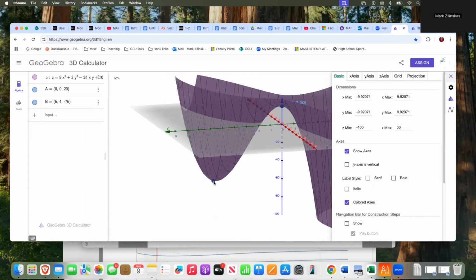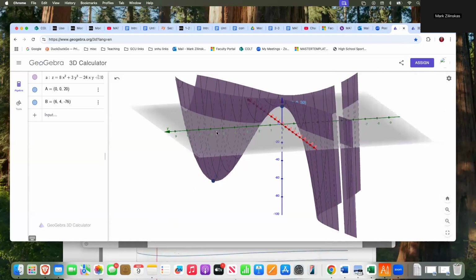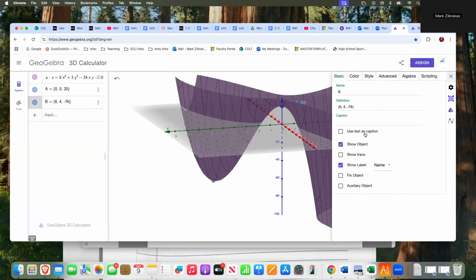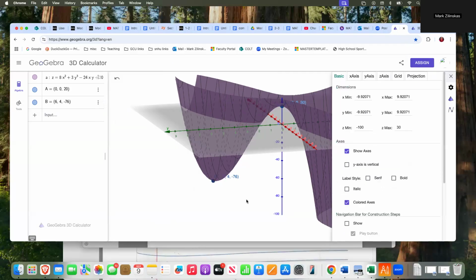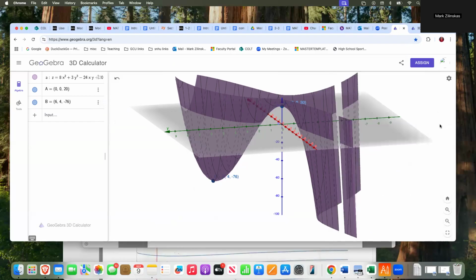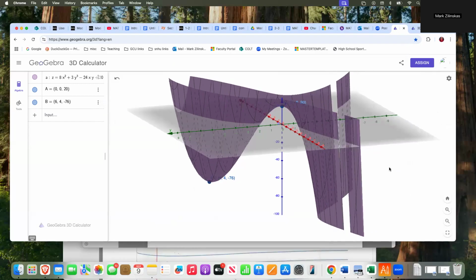Notice the coordinates are not there now. But if I go back again and change that back, I can go ahead and display the coordinates as well. So the name and the value, I can turn the coordinates back on there. So that's one thing.